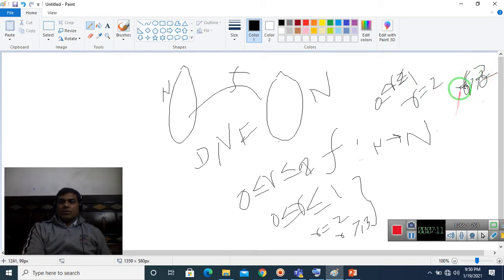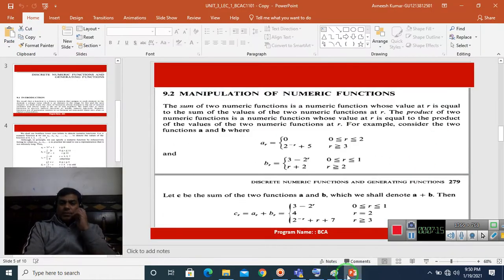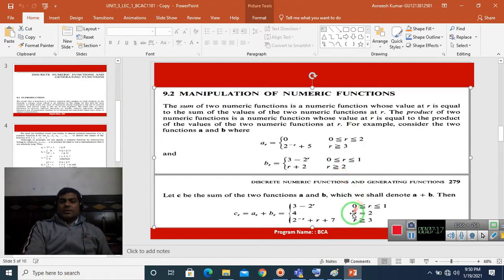Okay, so in this manner we break like this: r lies between 0 and 1, r equal to 2 and r greater or equal 3. For the same function we will add, if r lies between 0 and 1, this function will work 3 minus 2r plus 0.